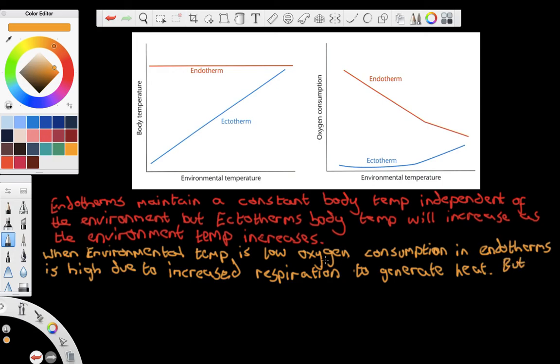But when the environment is warmer, respiration reduces.